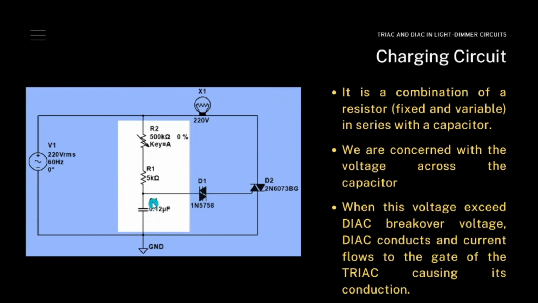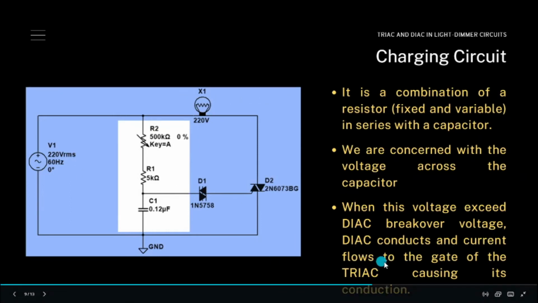Kailangan malagpasan ng voltage across the capacitor yung breakover voltage ng DIAC para magkaroon ng gate current yung ating TRIAC. Sabi dito, when the voltage across the capacitor exceeds the DIAC breakover voltage, the DIAC conducts, and current flows to the gate of the TRIAC, causing its conduction. So, magdo-domino effect.